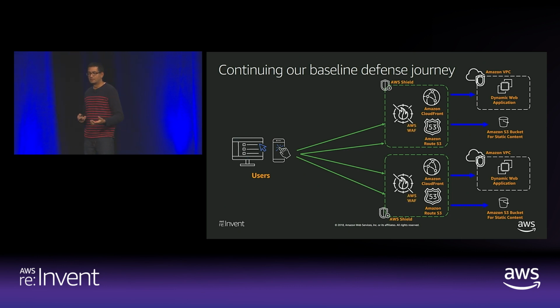We added WAF and introduced WAF for security policy filtering. WAF allows you to block the bad traffic and allow the good traffic. And then Firewall Manager is the final tool that we talked about, where Firewall Manager can now consistently, across all your accounts, make sure that the same WAF rules are in place so that all your applications are protected.